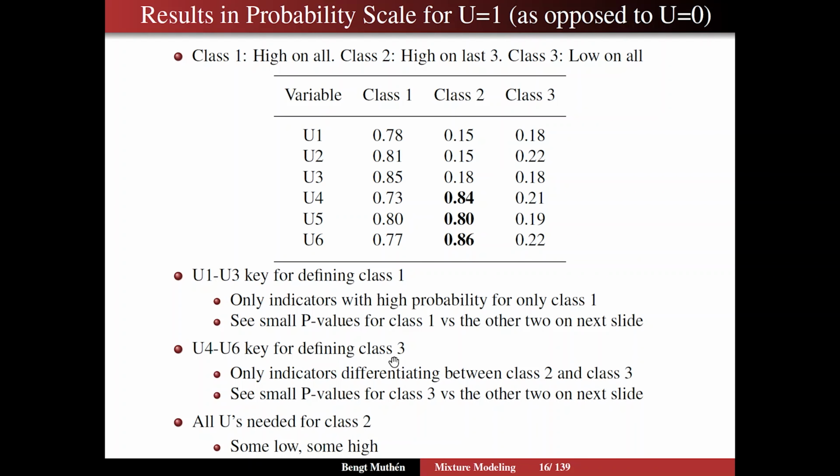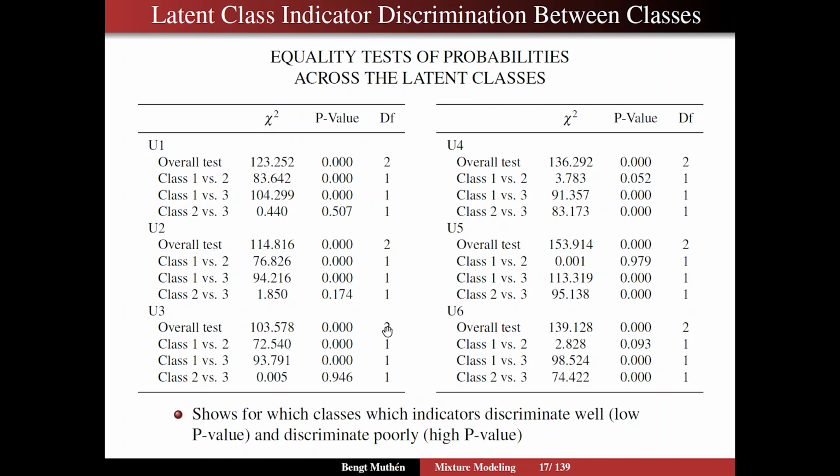So those are two slides that can benefit from thinking through how this works out. Classes that indicators discriminate well between have low p-values, and classes they discriminate poorly between give high p-values.